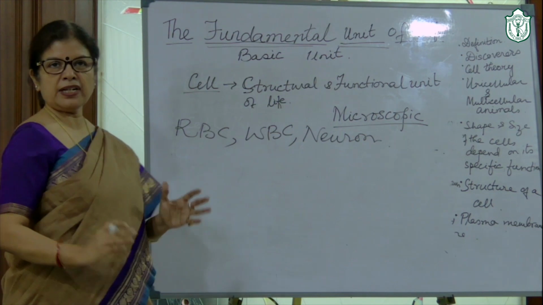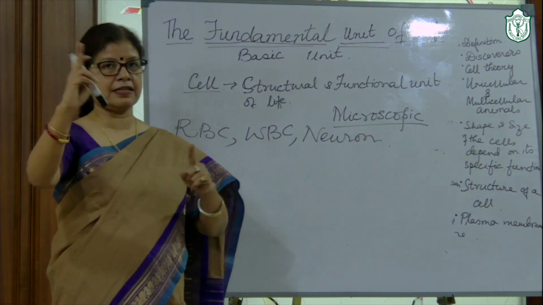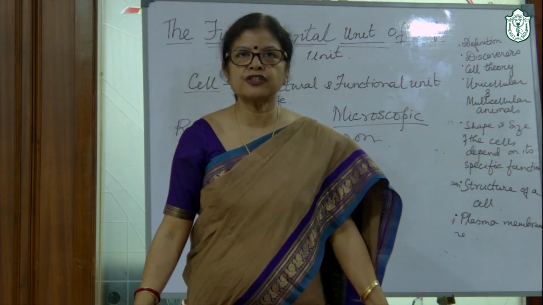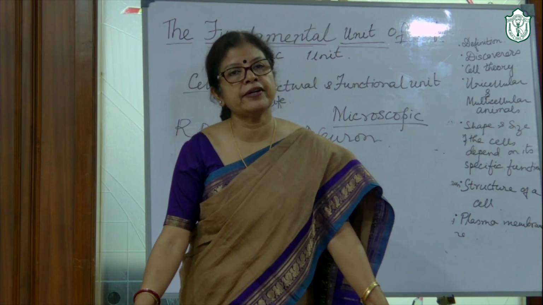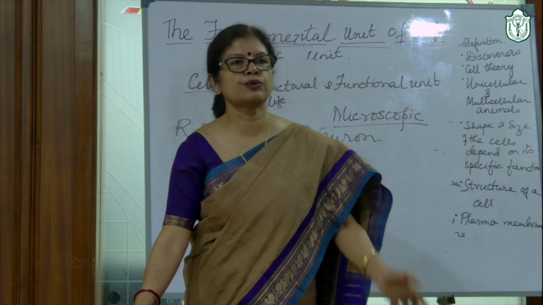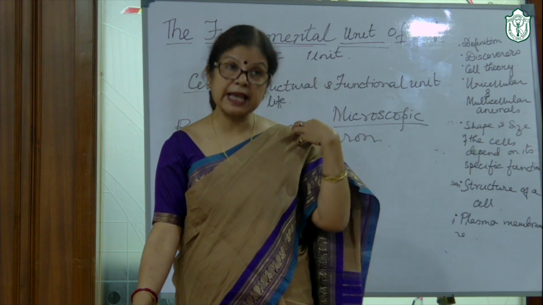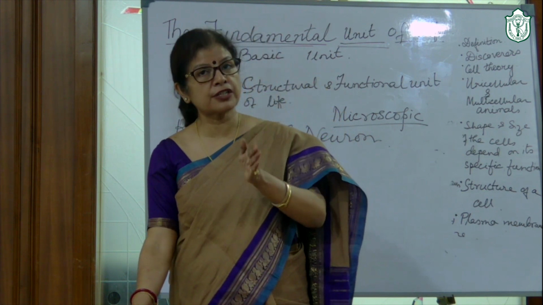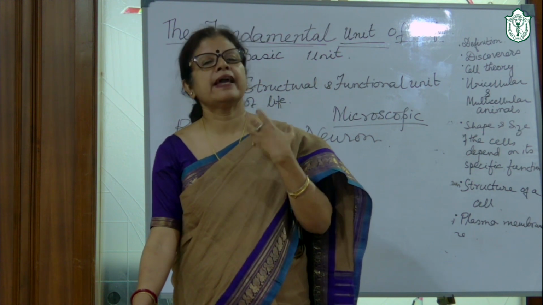What is the structure of an RBC and how is that structure related to the function of RBC? We all know that the function of RBC is to carry oxygen. They carry oxygen throughout our body and give it to our body cells so that our cells can perform the function called respiration to obtain energy.